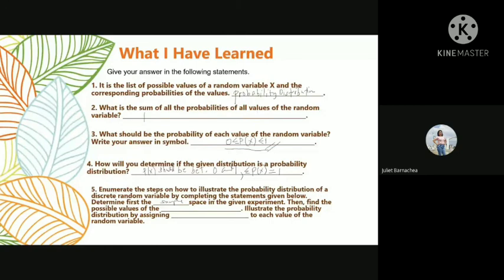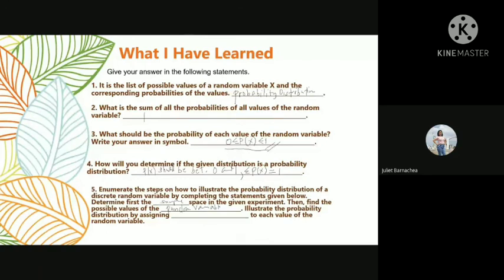Then find the possible values of the random variable. Correct. Sino yung nagsasalita? Hindi ko kita eh. Mandy is correct.